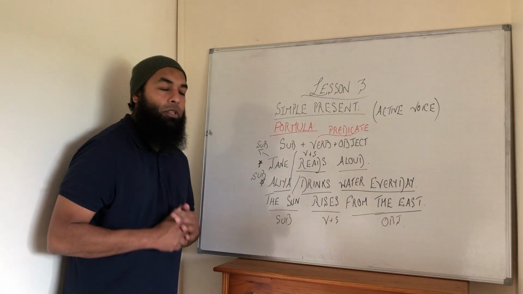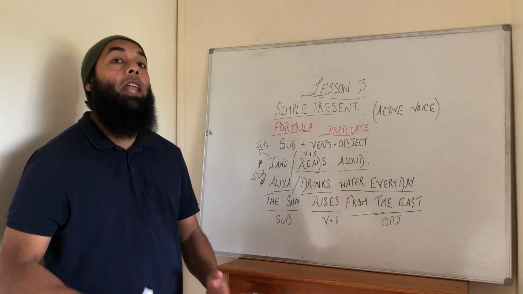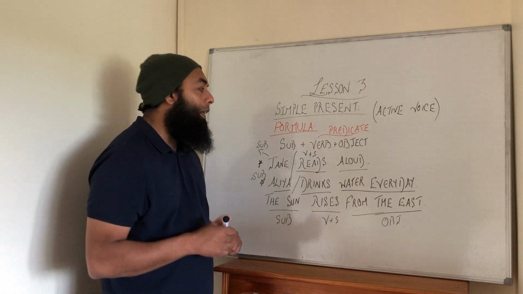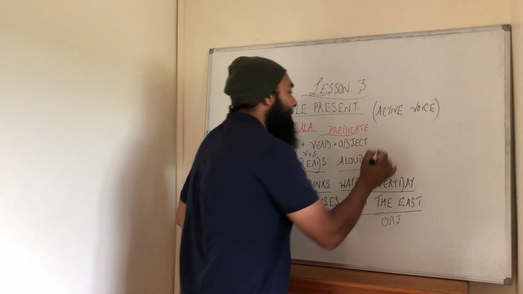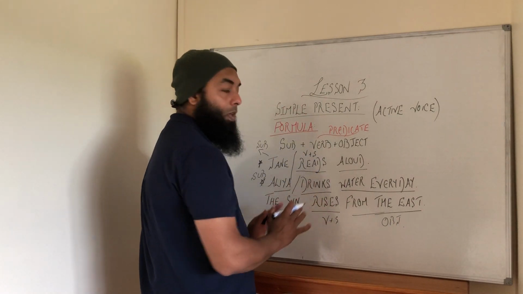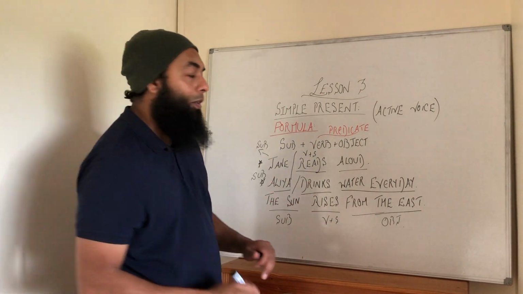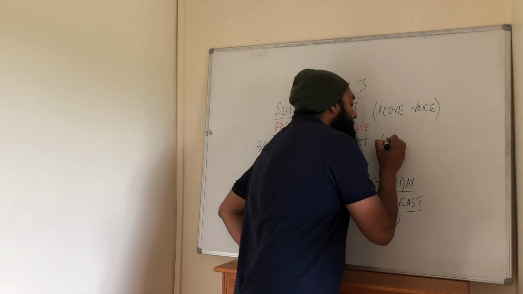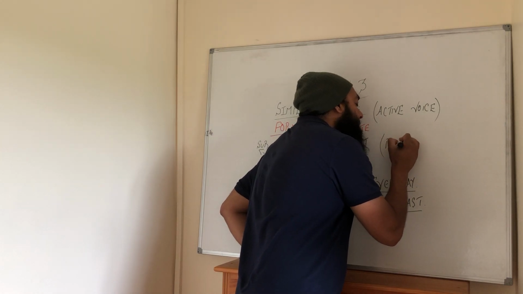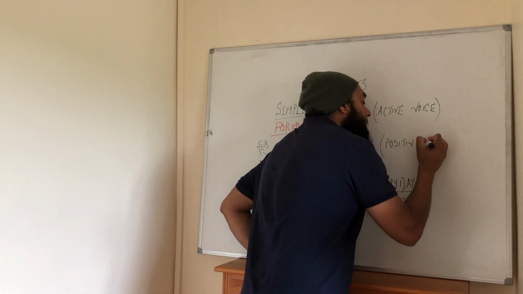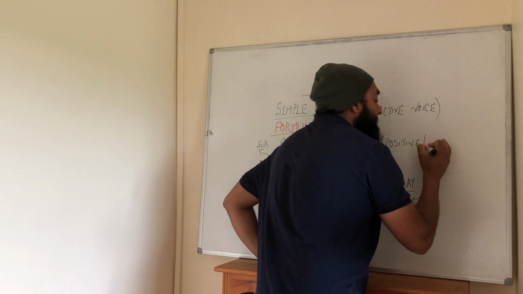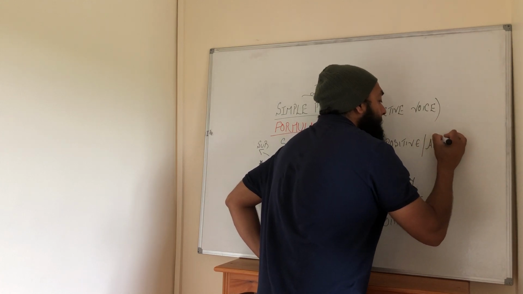So what you should do, just follow the formula and make a few more sentences. One more thing I need to tell you, these sentences are what we have done today. They are not called interrogative or negative, they are called positive, or we can say them affirmative sentence, okay?